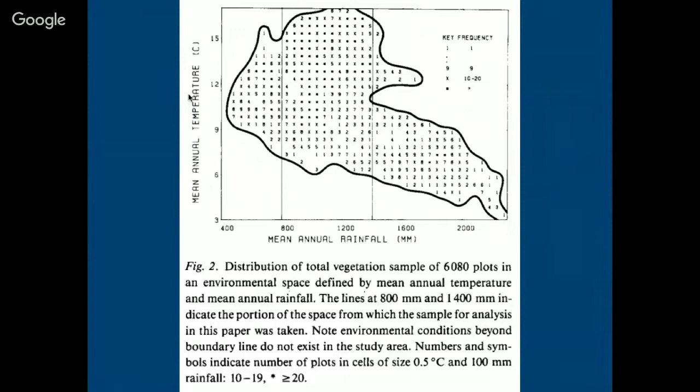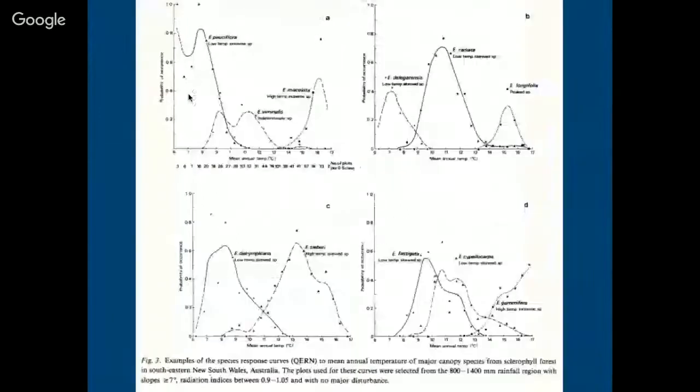So this is an amazing data set. And here are the response curves that Austin fit to those data. And considerable subsequent development has taken this sort of response curve and gone back to mapping to identify potential distributions of species. So very much a niche modeling endeavor.